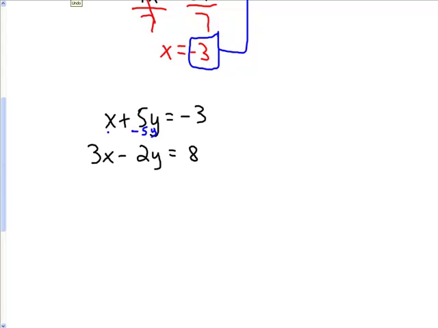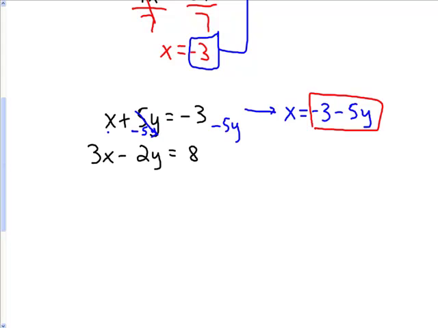So let's subtract 5y from both sides of that equation. Now I get x equals negative 3 minus 5y. So we see we have an expression for x. X equals something, and that something, negative 3 minus 5y, I'm going to insert for x in the second equation.